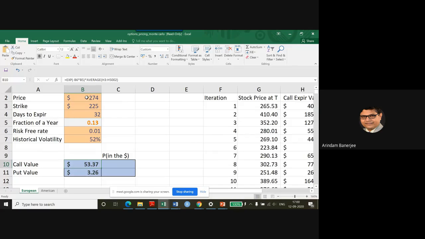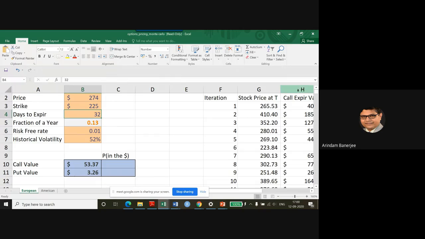Today's value is 274, and I am trying to understand by simulation what could be the possible stock price on the date of expiry, which is 32 days away. Based on this, I got some days where the call is in the money and some days where the put is in the money. That is 32 days hence from today.